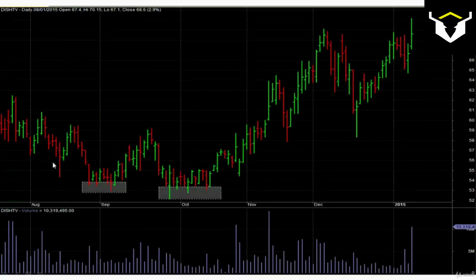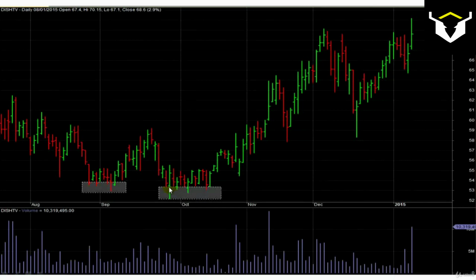Following is a chart of Dish TV, and you can see prices have found support at the level of 53. See here, prices came down, only one bar came to test 53, reversed, went up, and then they came down heavily towards 53.